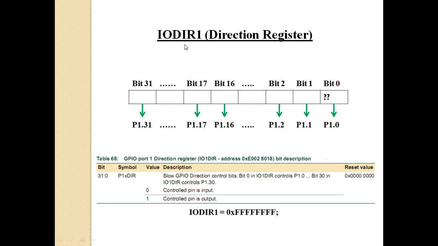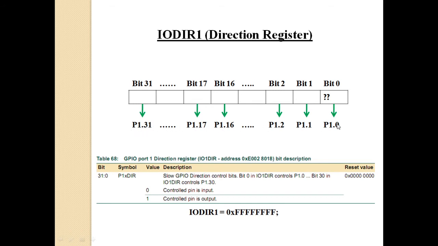So bit 0 of the IODIR1 register is used for configuring the P1.0 pin, the 0th pin of port 1. Similarly, bit 1 of the IODIR1 register is used for configuring the P1.1 pin. Similarly, bit 31 of the IODIR1 register is used for configuring the P1.31 pin.